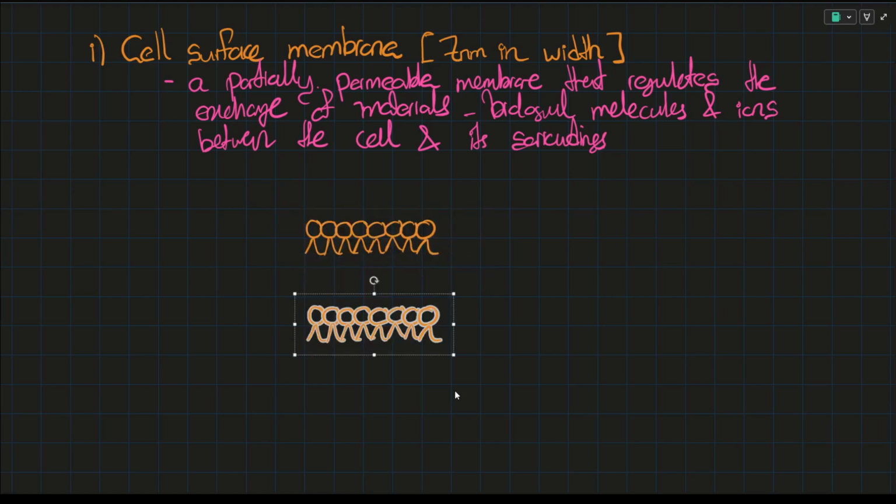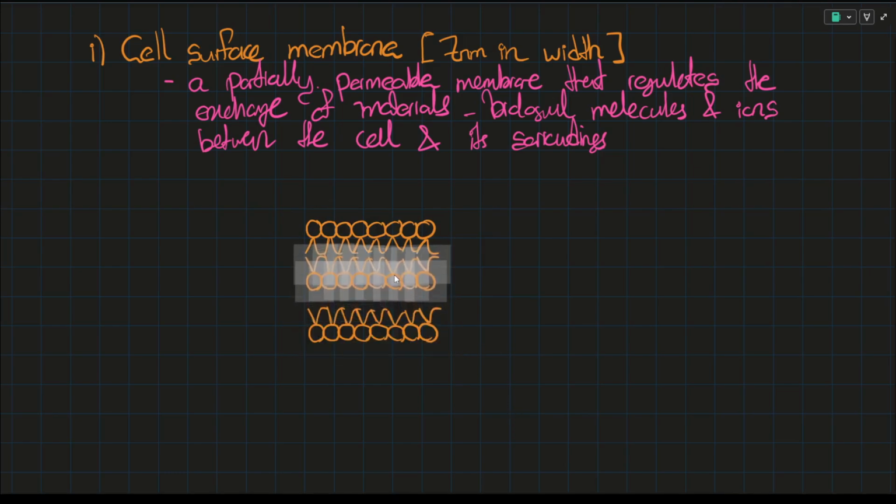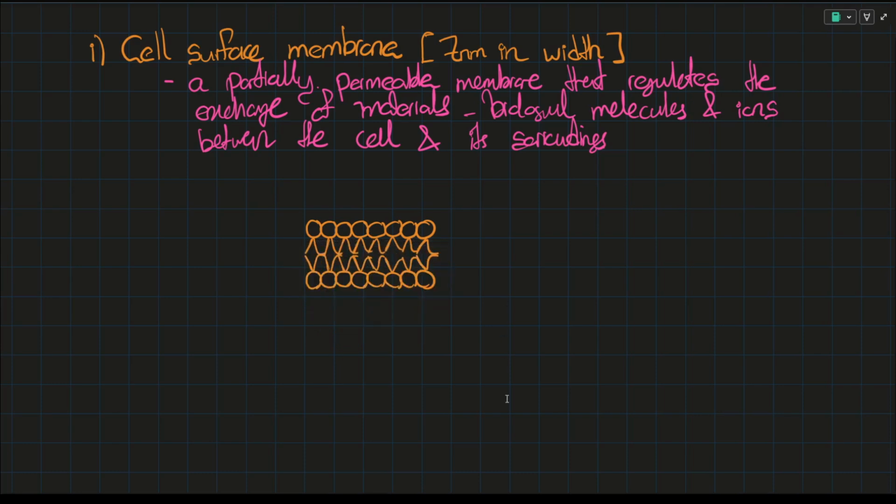So we have that kind of cellular structure. To distinguish that a little bit better, I'm going to move it like this. Okay. Now, do you see? This is the first membrane. That is the second membrane. Now, these little molecules that we have here are known as phospholipids.